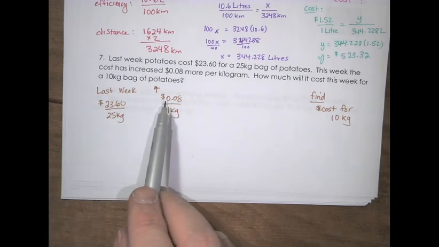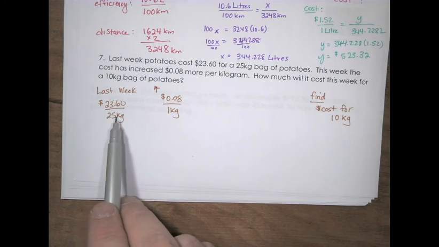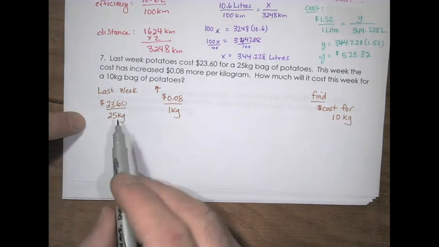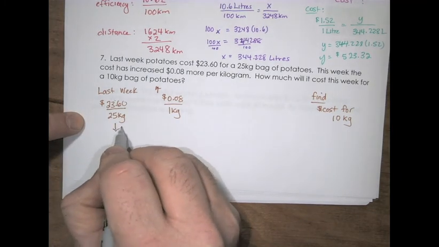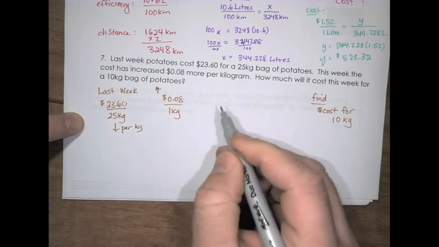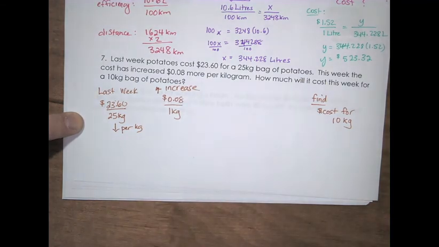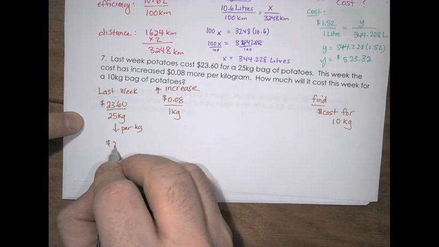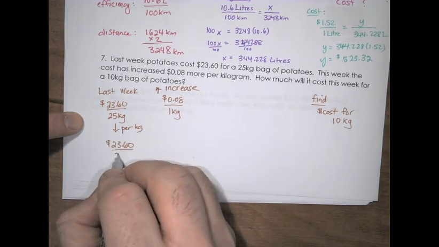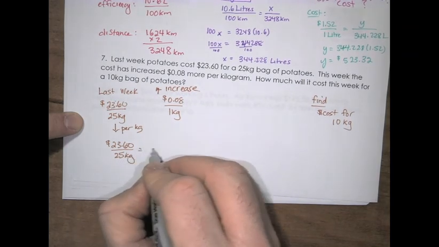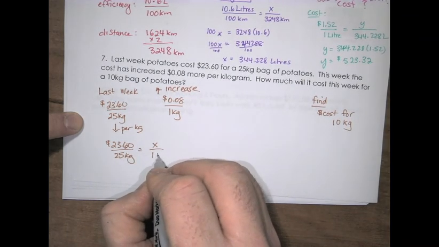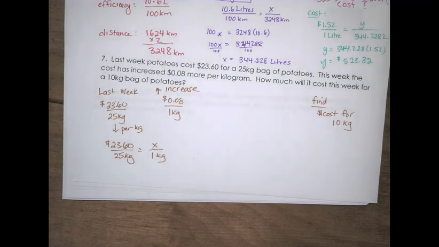What we need to do is figure out how much this is per kilogram from last week so that we can apply our increase. Well, we can figure out how much it is for 1 kilogram by setting up a little proportion.